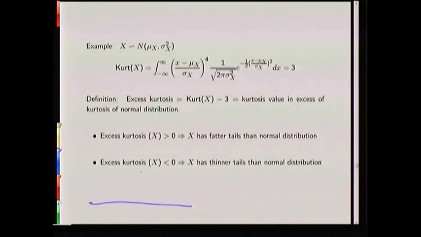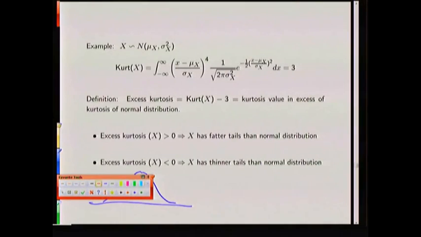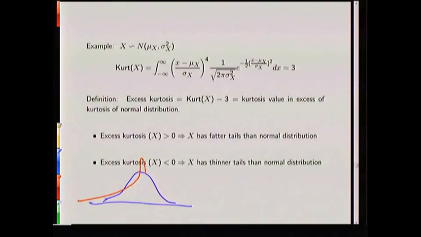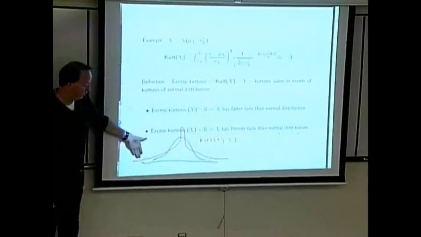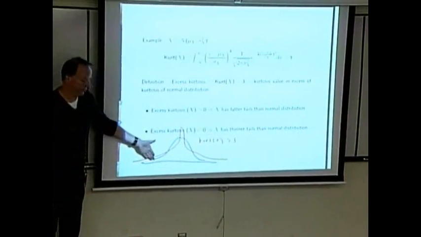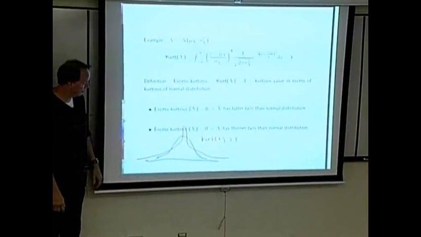Say this is my benchmark normal here, and then a distribution with fatter tails than the normal might look something like this. Here the kurtosis for x would be greater than 3 for the red distribution, because we have more probability in the tails than the normal distribution in that case.